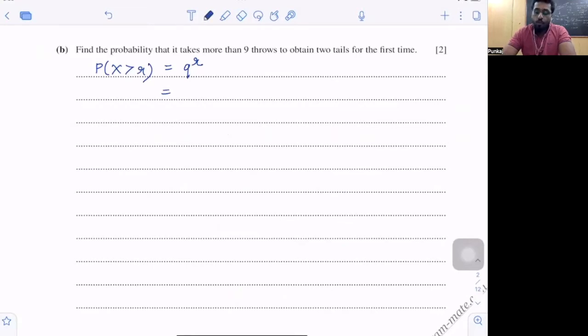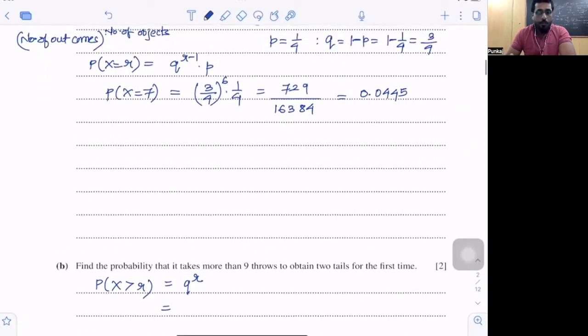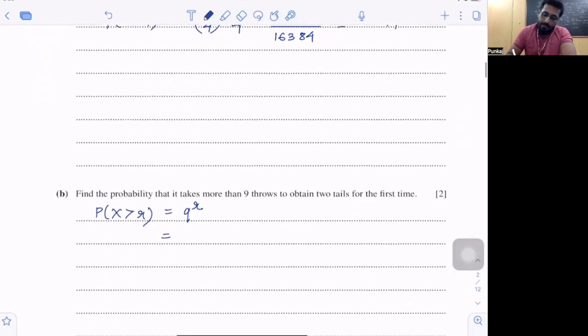So what's the value of q, students? If you recall, the value of q was 3 upon 4. So I'm going to write q as 3 upon 4 raised to r. r is 9. So you can quickly take the calculator and write the answer. That's 3 divided by 4 to the power 9. That gives you 3 upon 4, this whole raised to 9.